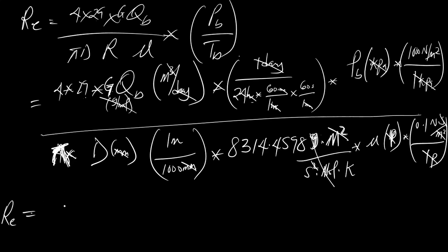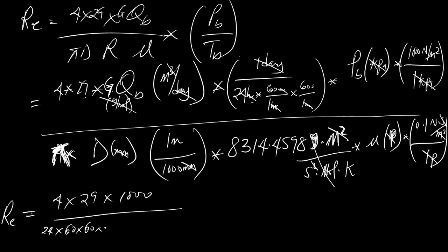Now the Reynolds number will now be 4 times 29 times 1000, divided by the whole of this, which is 24, divided by 60, divided by 60. That's the whole of this. Divide by pi, divide by 8314.4598.